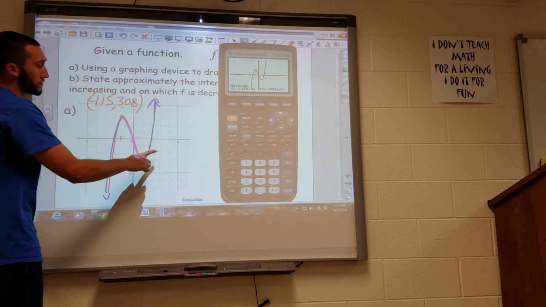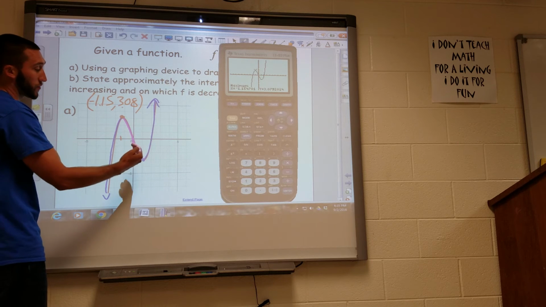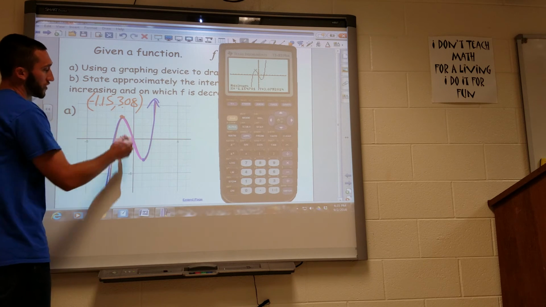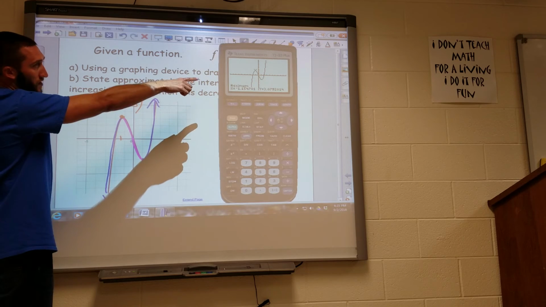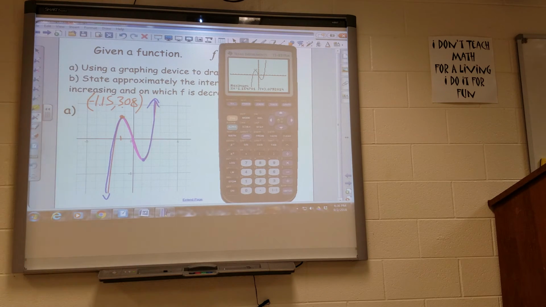Now I also need to find this minimum here so I can see when my increasing starts and my decreasing stops. So I have to go into my TI-83 now and find the minimum here. So on my TI-83, I'm again going to click second calc, but now I'm finding the minimum.